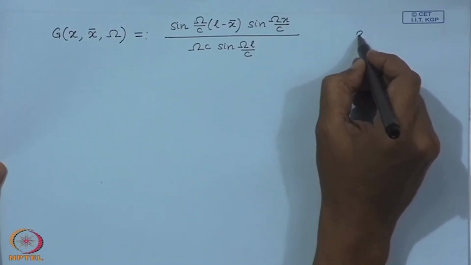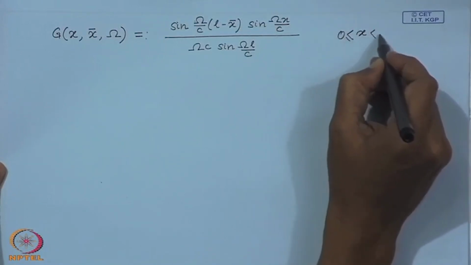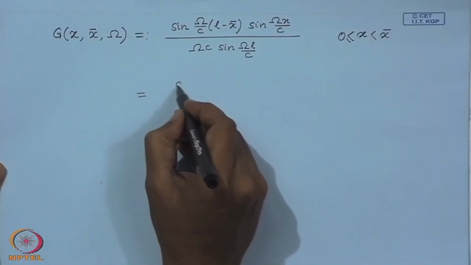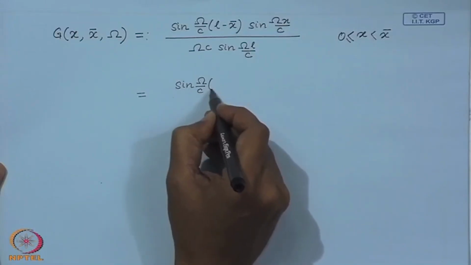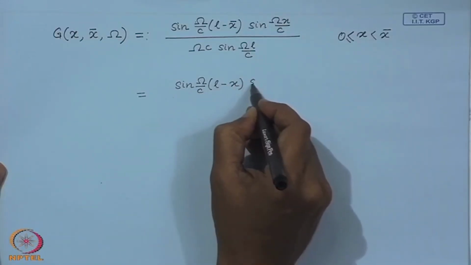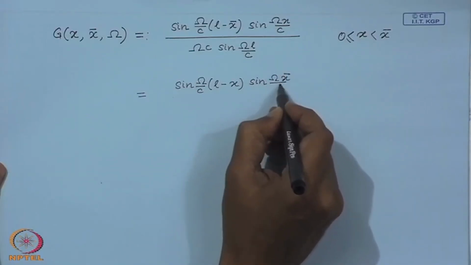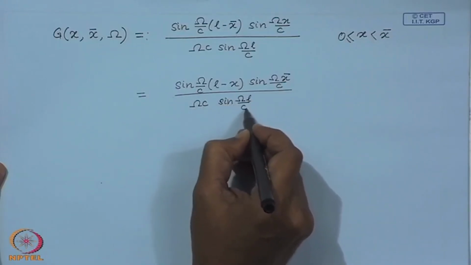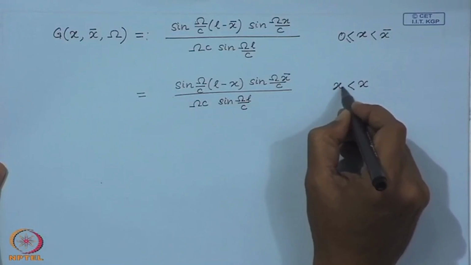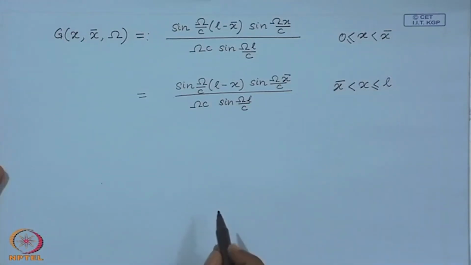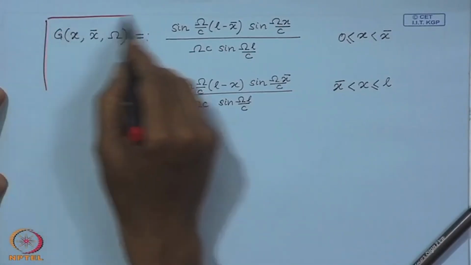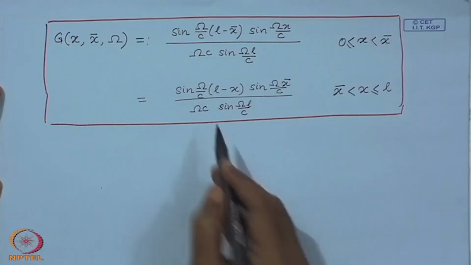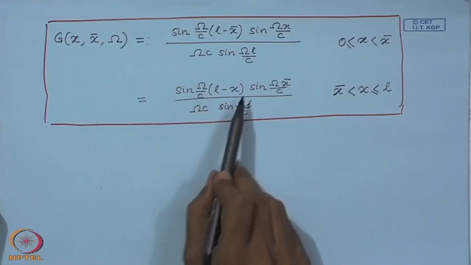this, when x is between 0 and x bar. So this is our Green's function for the string when a concentrated harmonic force of circular frequency capital omega acts at x equal to x bar.